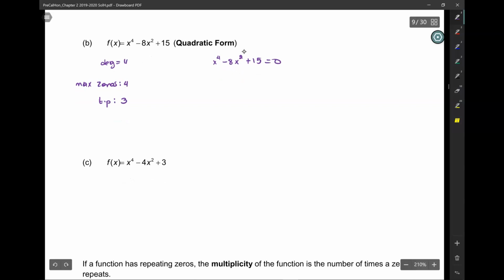You did this in algebra 2. So now, instead of x and x, we will have x squared and x squared. If you said x squared equals u, you can do it using substitution, yes. So minus 3 and minus 5.